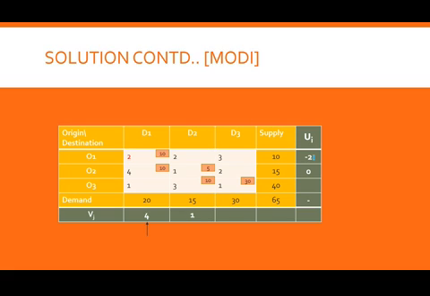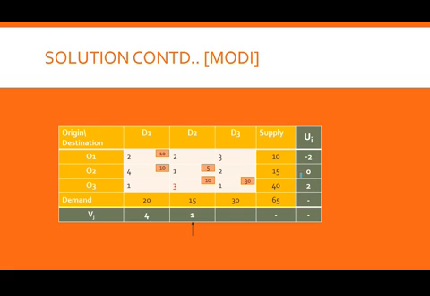Now I'll take 1 as the reference value. So here, this becomes the key value. 3 minus 1 is 2. Now all the Ui values have been found out.